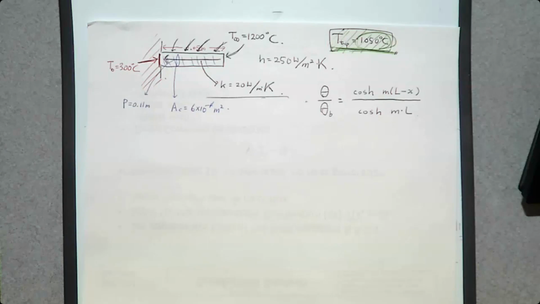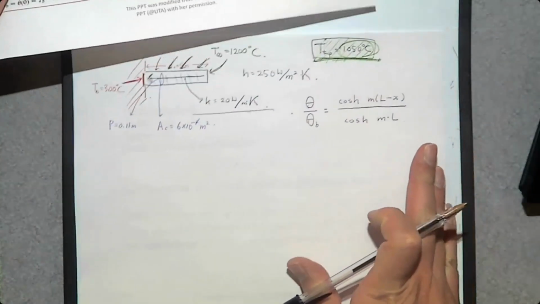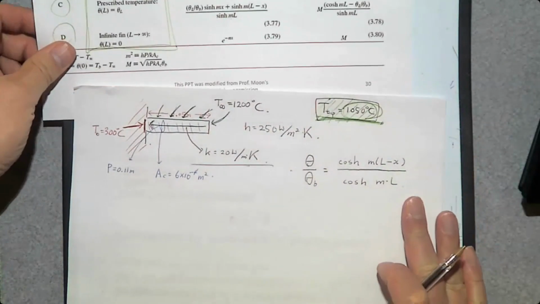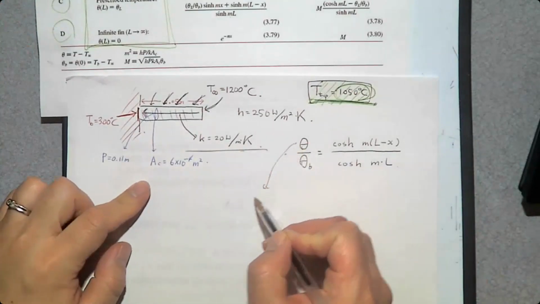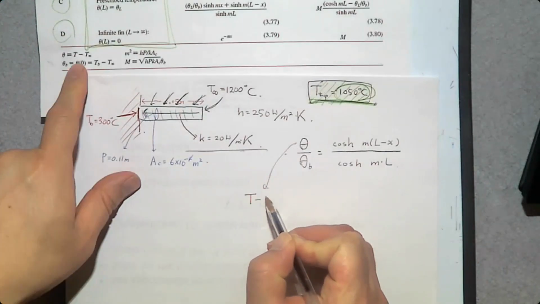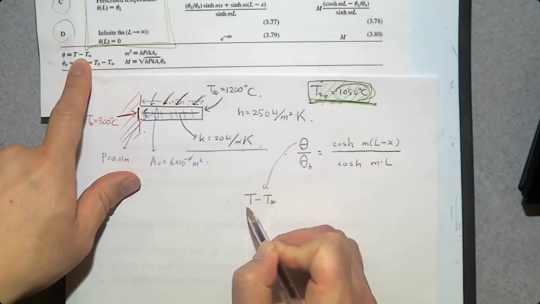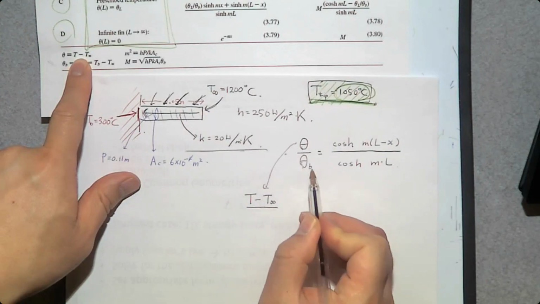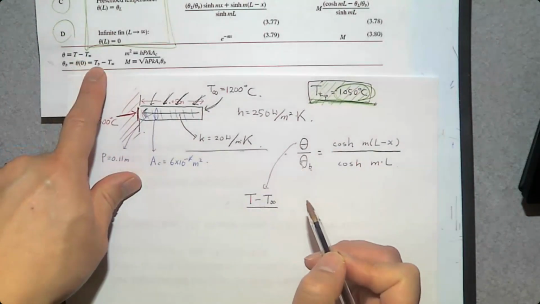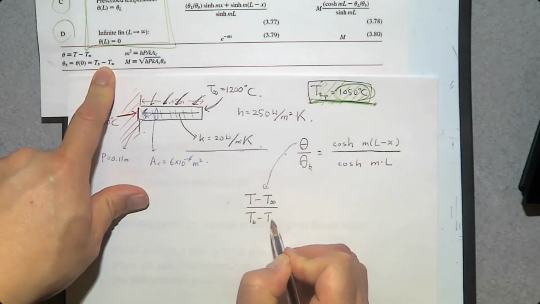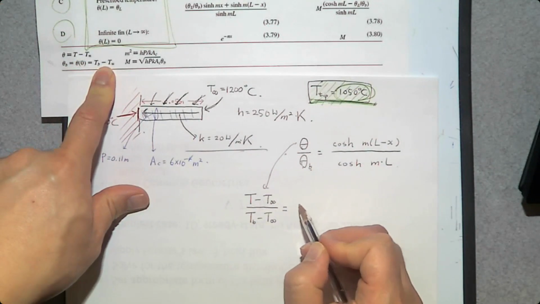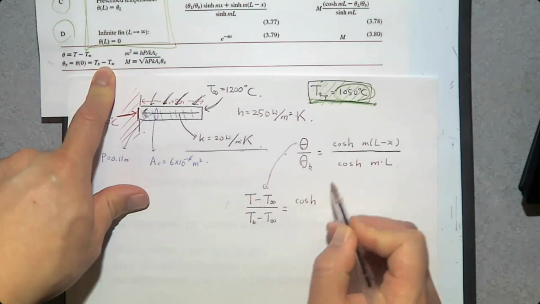If you want to know, you go back to the table and look at the bottom of the table. Theta is T minus T infinity. So theta over theta B is T minus T infinity divided by theta B, and theta B is T_B minus T infinity. That is going to be cosh, and we have an m.